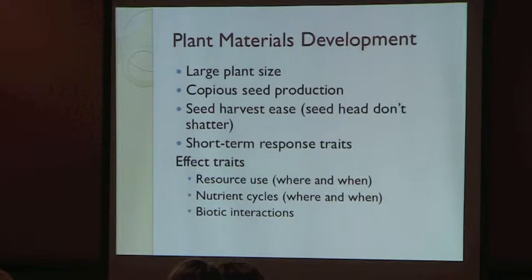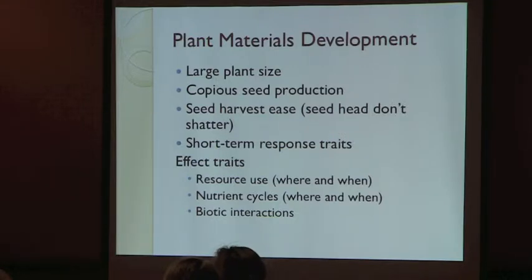And so we thought it is important to know how plants influence resource use, when they extract resources, and where. Like where in the soil they're acquiring nutrients, for example, and then how they influence nutrient cycles. And there are both spatial and temporal aspects here.